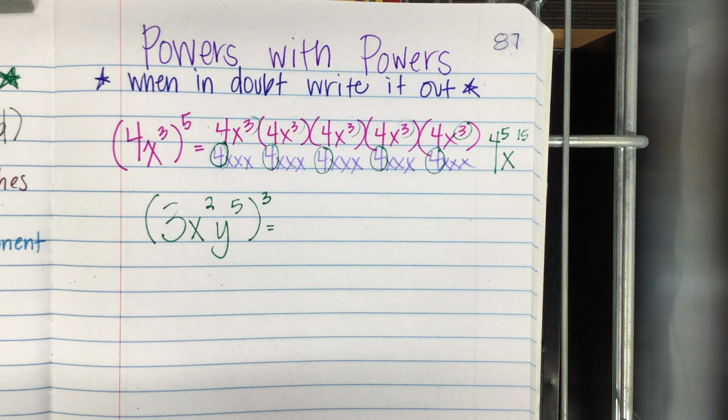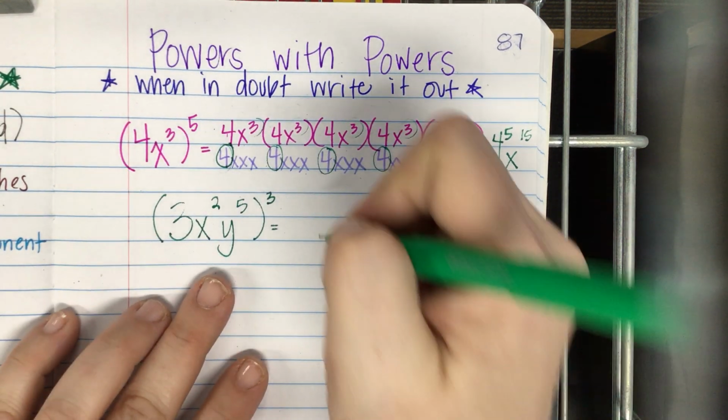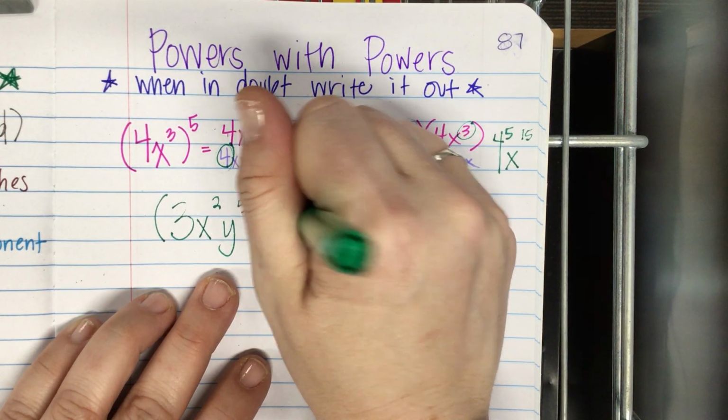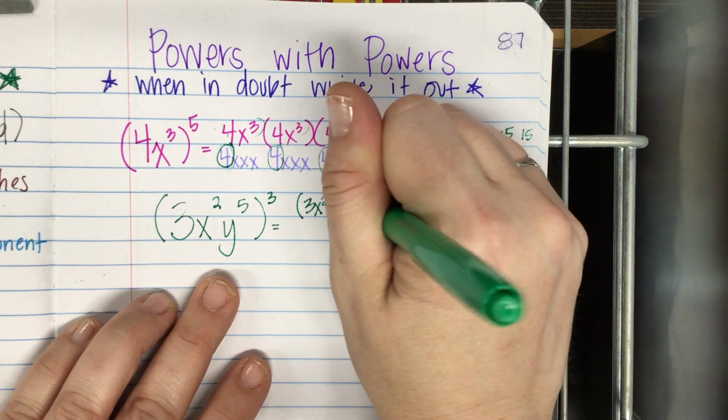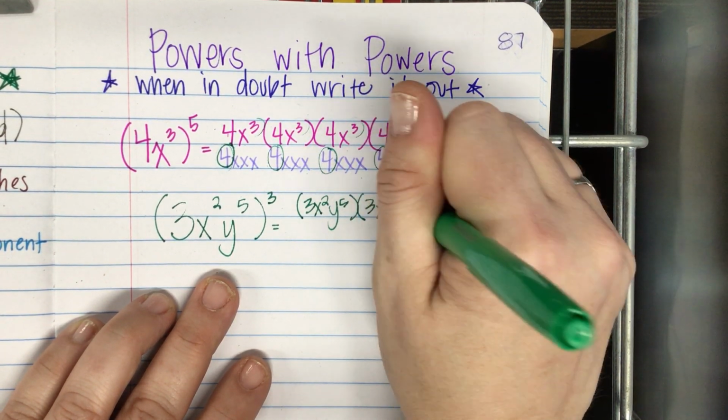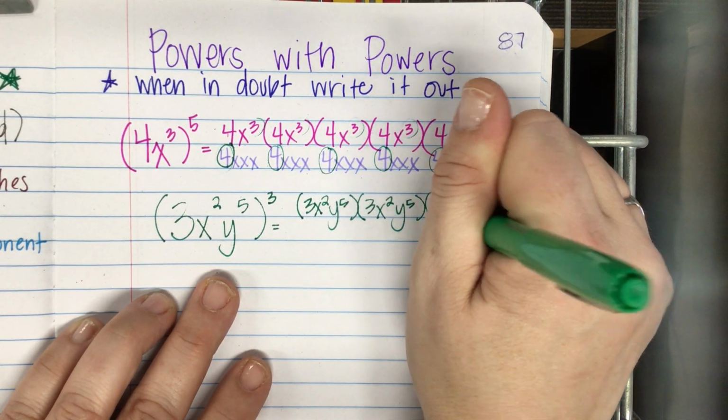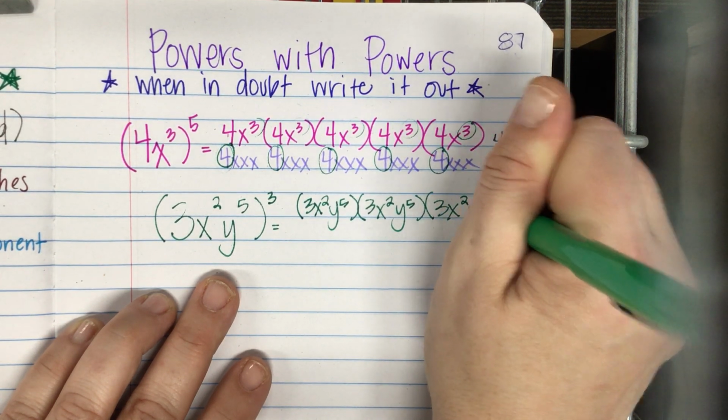So if I wanted to expand it, because that's a little messy looking, I could write 3x squared y to the 5th, 3x squared y to the 5th, and 3x squared y to the 5th.